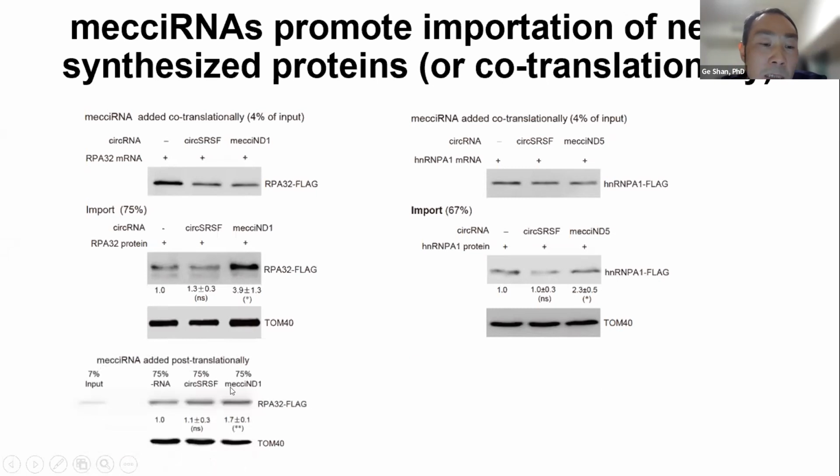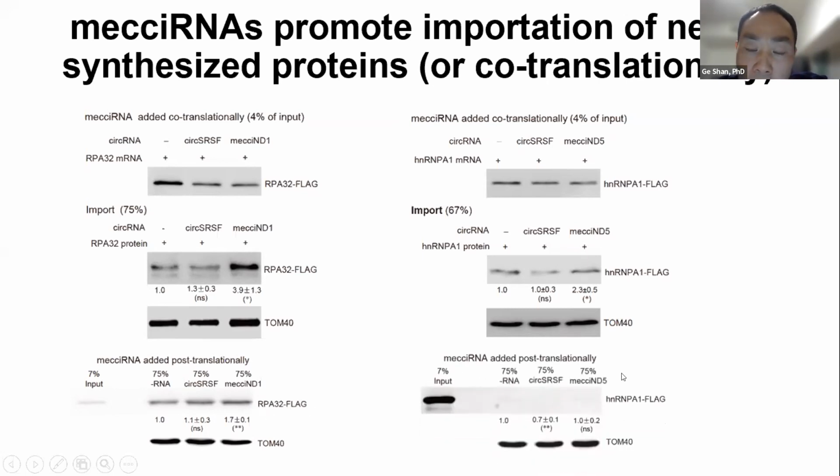But if we add MecciRNA later, after the translation of the mRNA, with the same amount of protein in the system, the MecciRNA almost cannot facilitate the transport of protein. In this example, if we add MecciRNA later, the protein cannot get into the mitochondria.